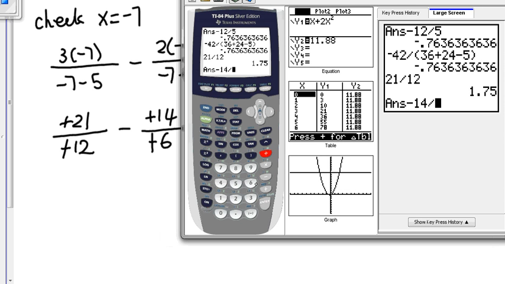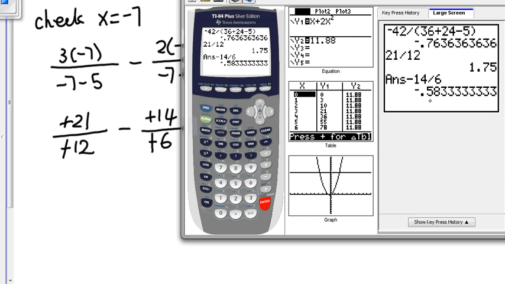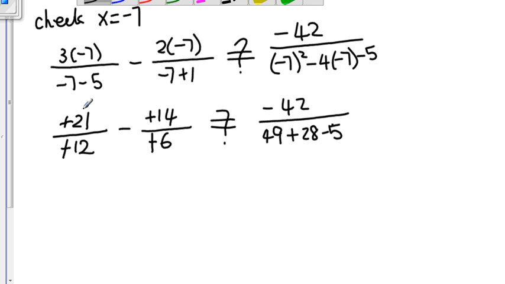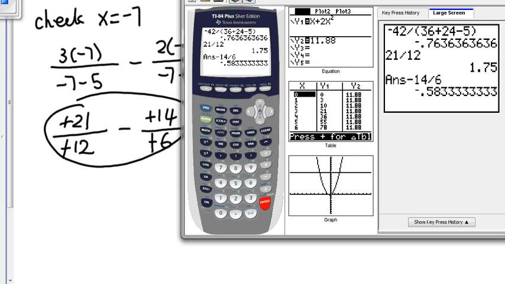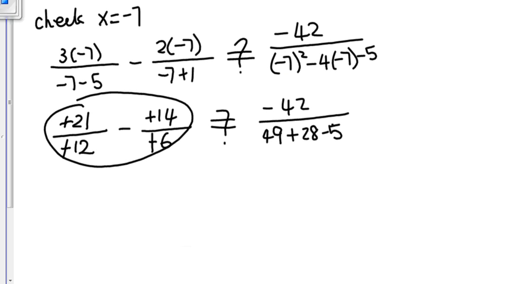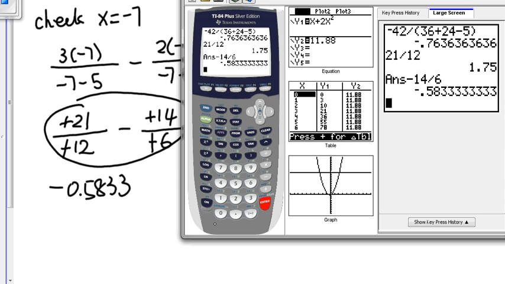On the left hand side we get negative 0.5833. Now let's do the right hand side. We have negative 42 divided by, make sure we use the parentheses.